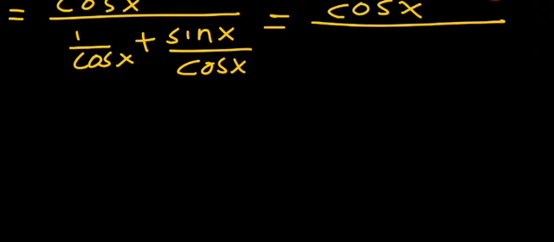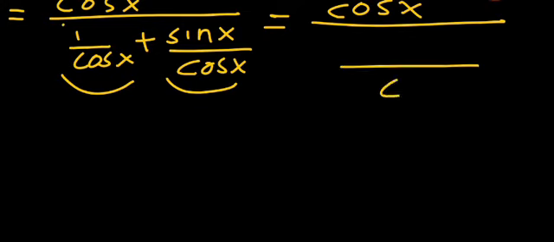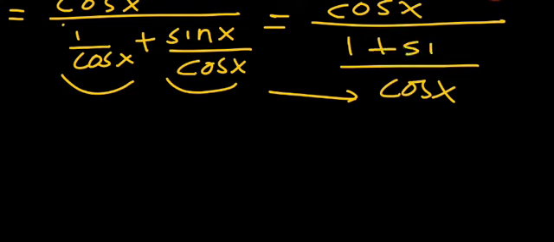Then cos x is the denominator for these two fractions. So the denominator is cos x. Cos x into that cos x is 1, and 1 times 1 is 1. Cos x there is 1, and 1 times sin x is sin x.